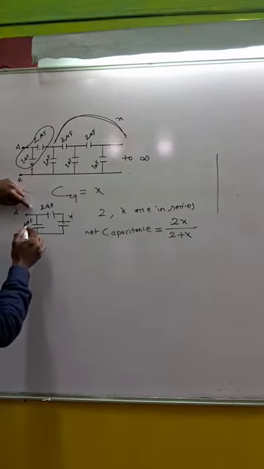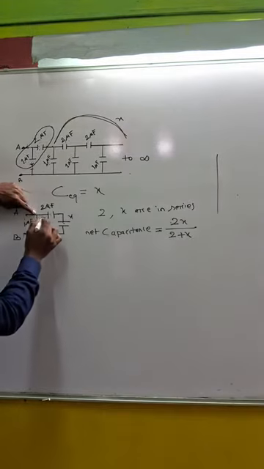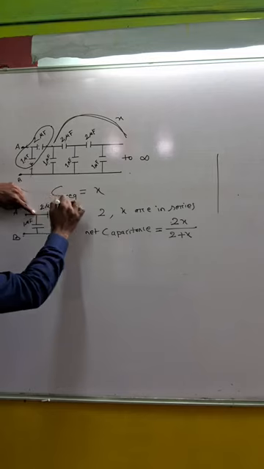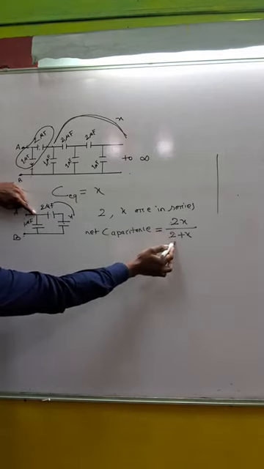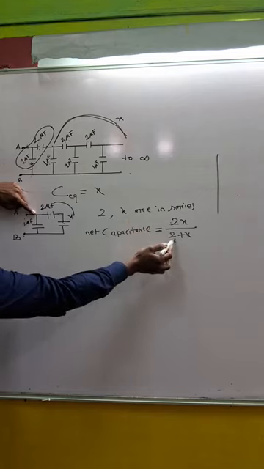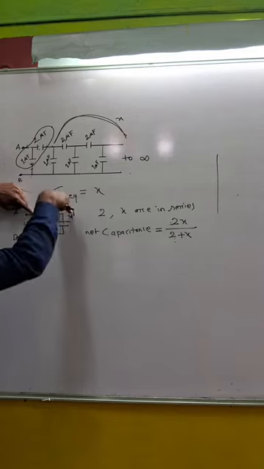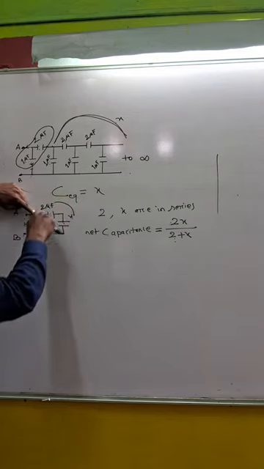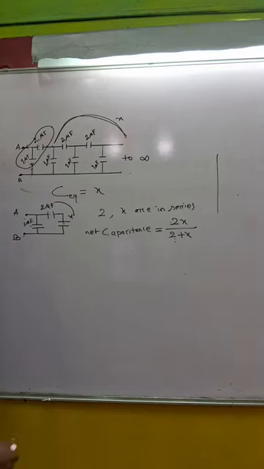But again, between A and B you are calculating, so now these two together become 2X by 2 plus X. Now this 2X by 2 plus X and this 1 microfarad are in parallel connection.